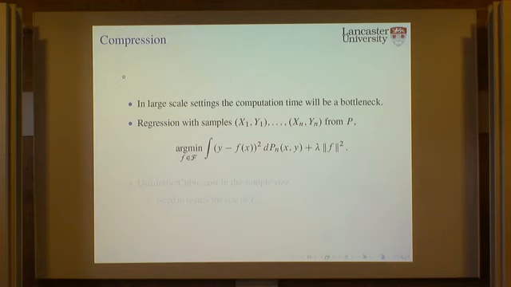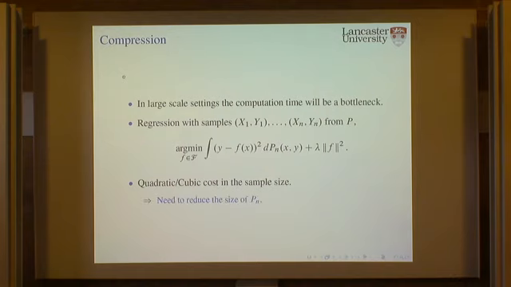And here I've put in a regularization term, say some Tikhonov regularization or something like that. Then you usually get a quadratic or cubic cost, something in between. And that is a problem if you go for large scale settings. If you have millions of data points, this cubic term will kill you. So you can't really apply these methods to large scale data.